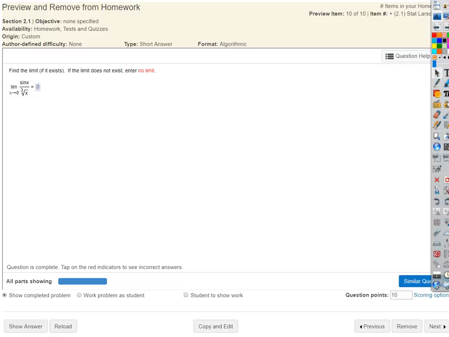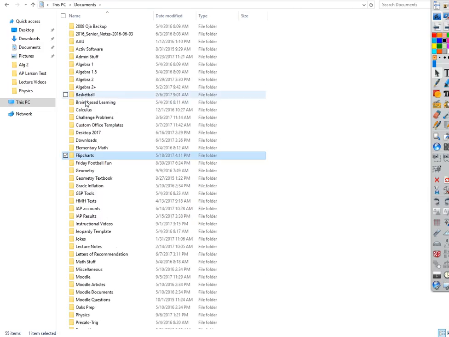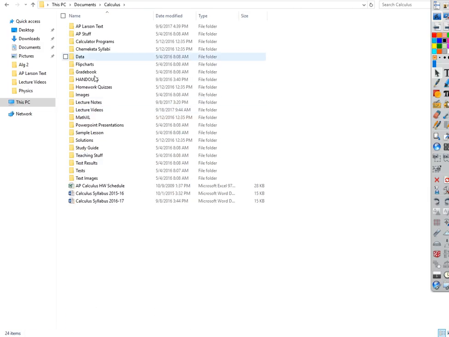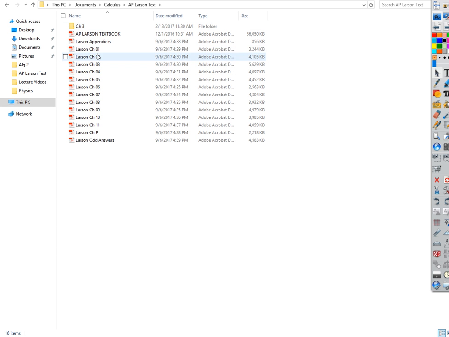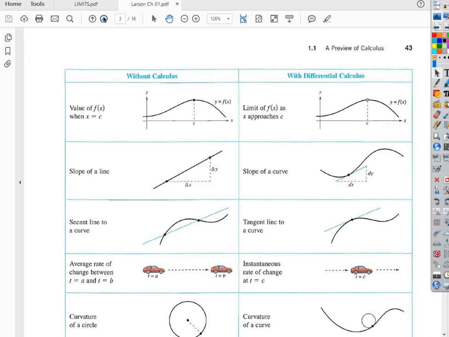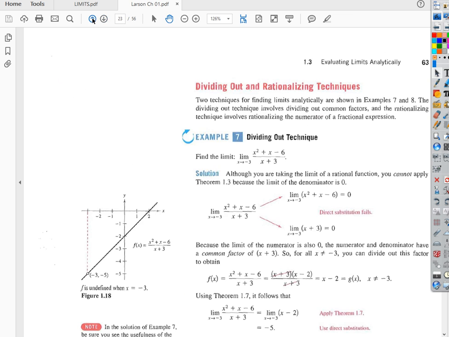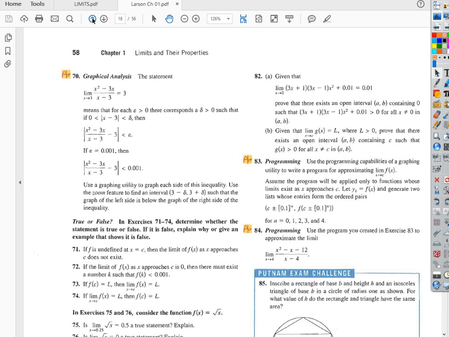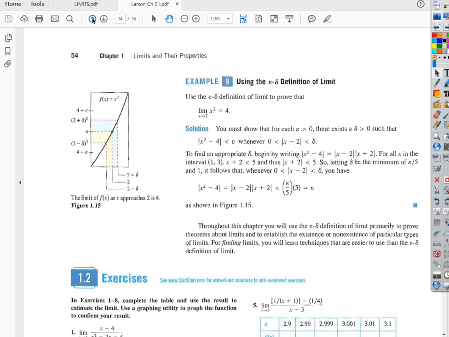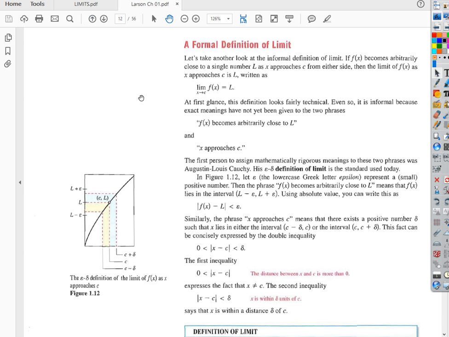I'm just going to grab a picture of this. Right here, formal definition of a limit.